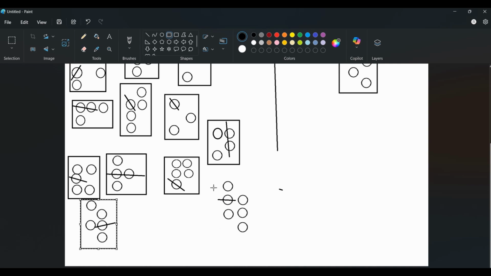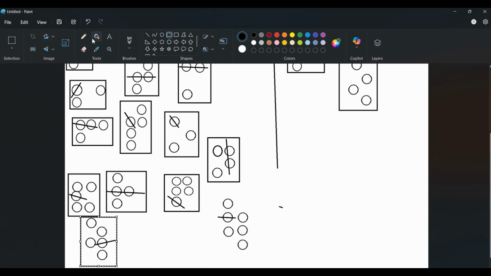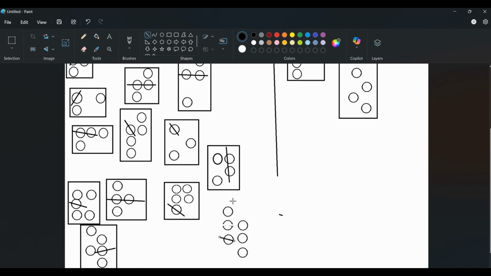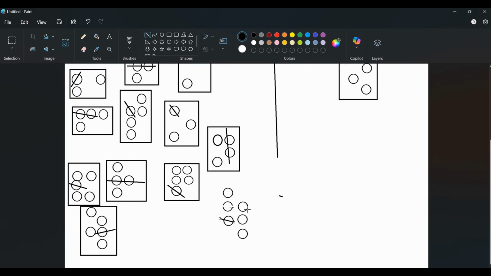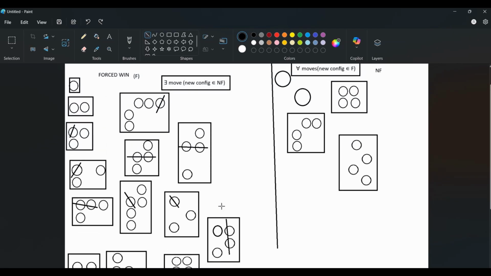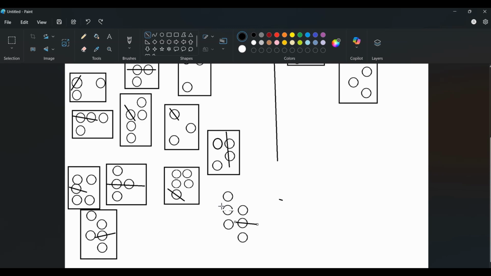Now let's get back to analyzing this. If I remove this, it belongs to F. What about this? Yeah, this also belongs to F. This belongs to F. Did we analyze this?